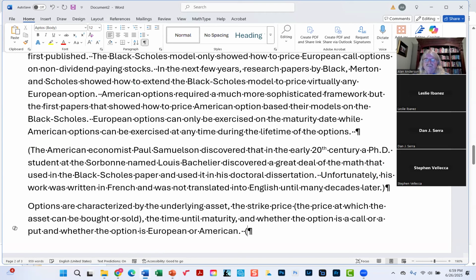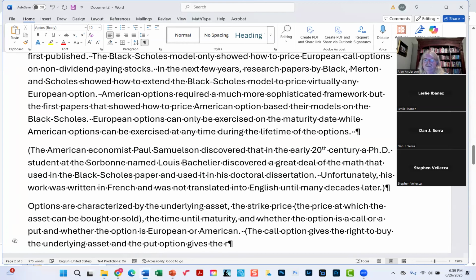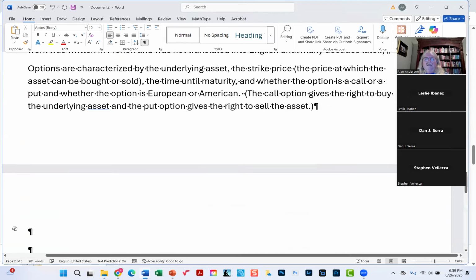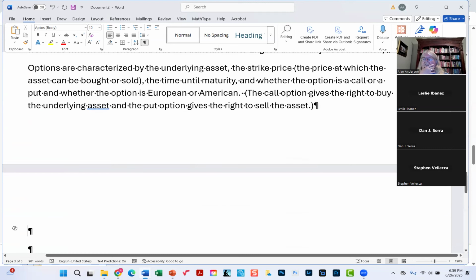Okay, just as a reminder, the call option gives the right to buy and the put gives the right to sell. That's it. If you know all that, you know everything you need to know about that option.